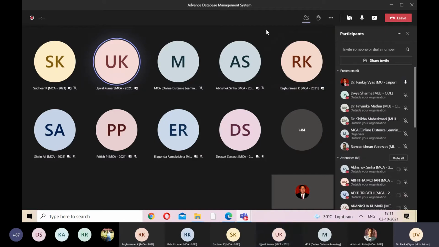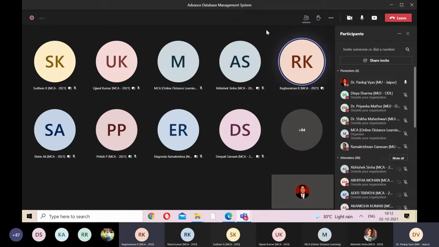Can you tell me what units you have covered? Let me remind you. Unit number 1 is all about databases. We covered three types of databases: the network model, the hierarchical model, and the relational model, and the division of databases based upon cost, processes, etc. That is the basic introduction.